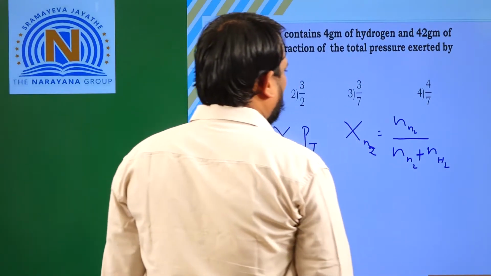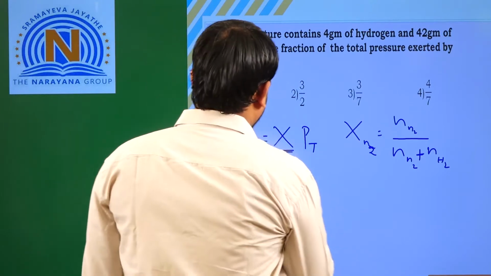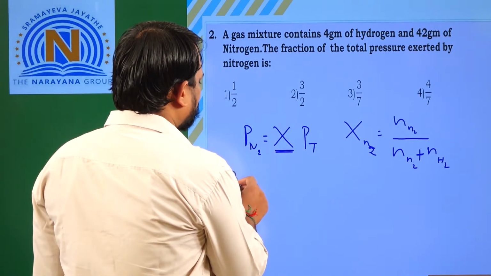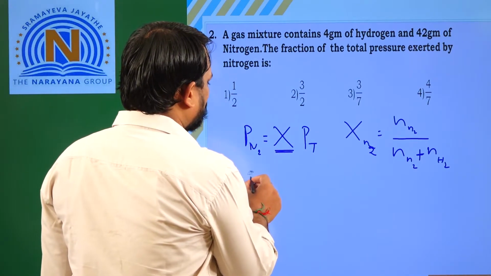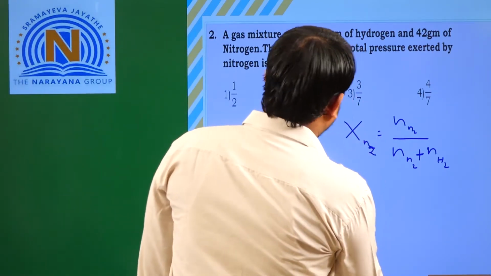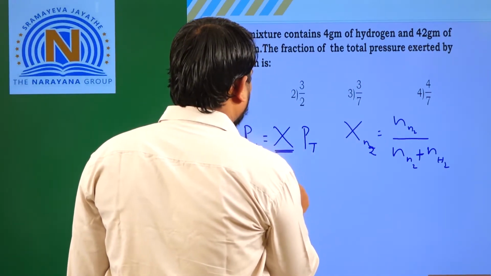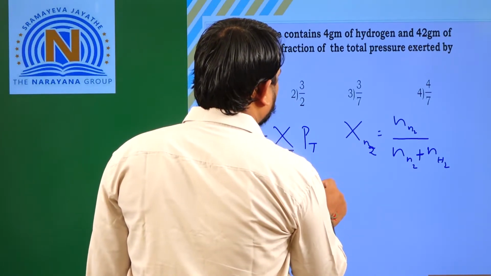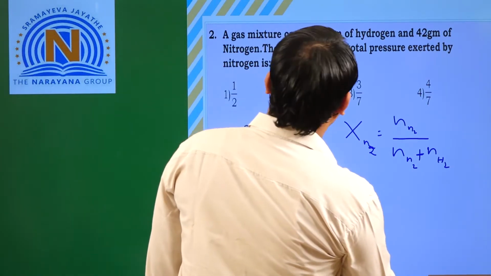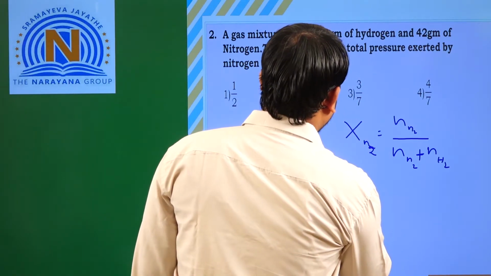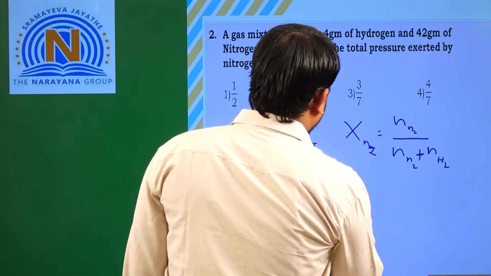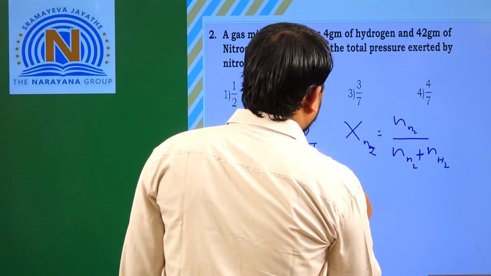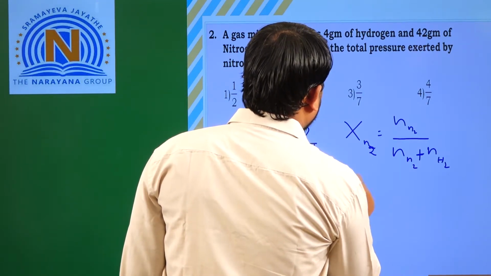So how to find the number of moles of nitrogen gas? Number of moles of nitrogen gas is equal to the mass given, 42 grams, 42 by 28, and the number of moles of hydrogen is 4 grams, given weight, by gram molecular weight 2, 4 by 2, that means 2.